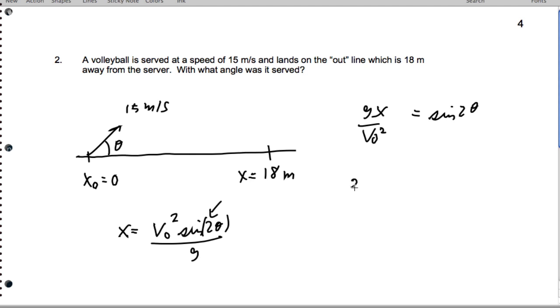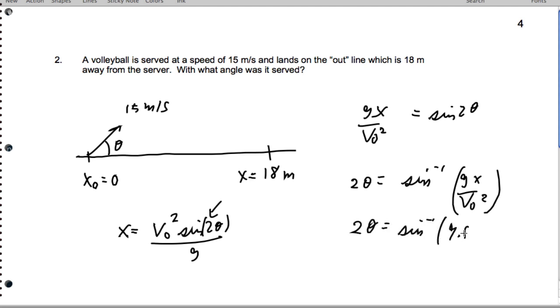And then therefore 2 theta is going to be the inverse sine of gx over v naught squared. So we go ahead, plug in our numbers. So 2 times theta is going to be the inverse sine of 9.8 times 18 divided by 15 squared.